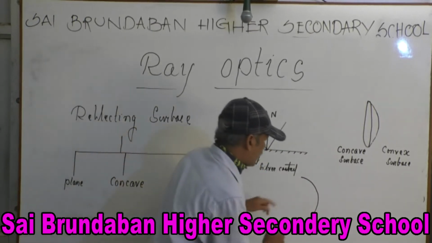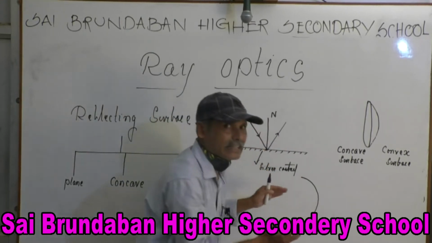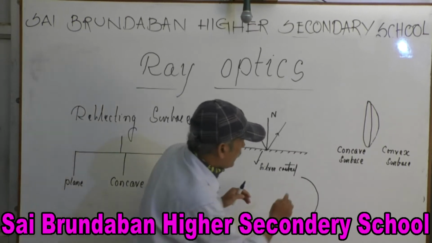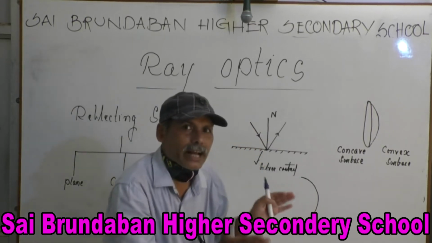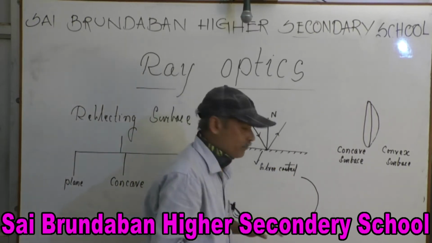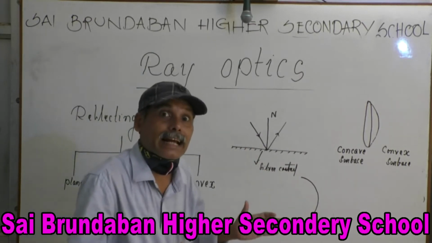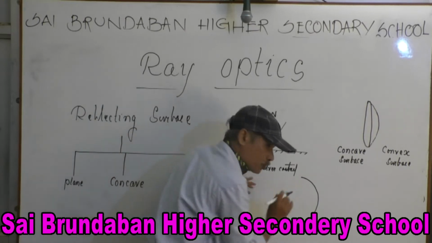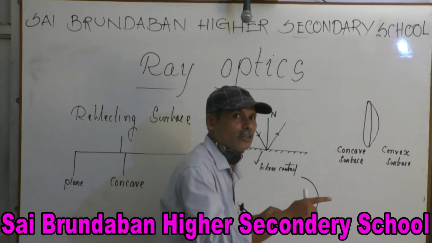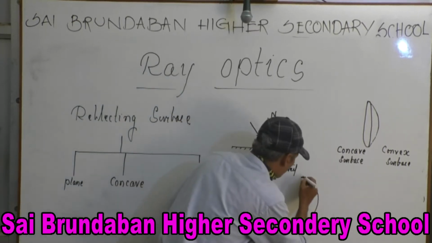Another thing, concave surface: you see the surface appears like a cave. Cave means gumpa. The surface appears like a cave. So now my reflecting surface is like a cave. So silver coating must be done on the convex side.